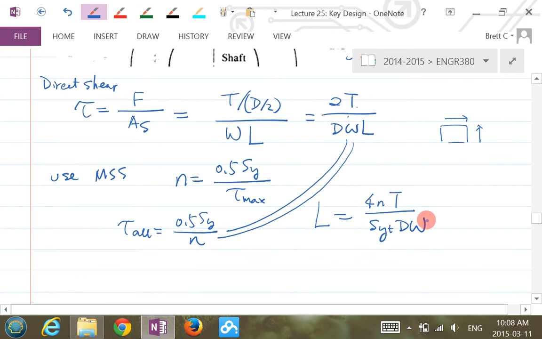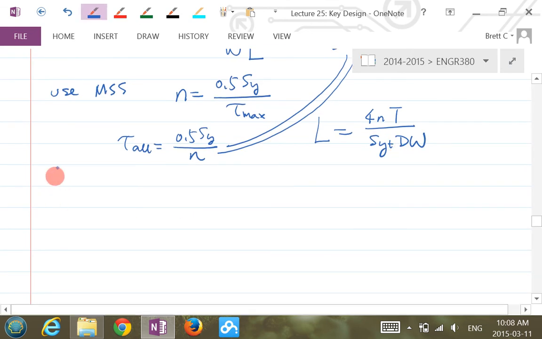So that's basically the key length based on MSS theory for design against the shear stress, shear failure. Okay, is that good? Yeah, that's the first case.